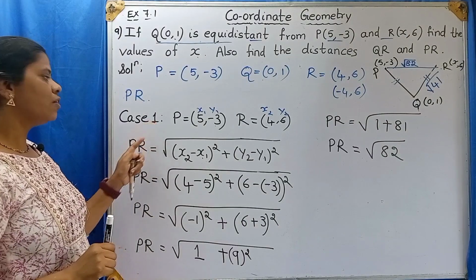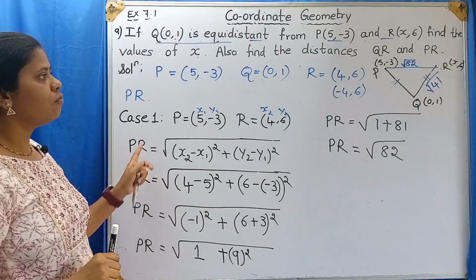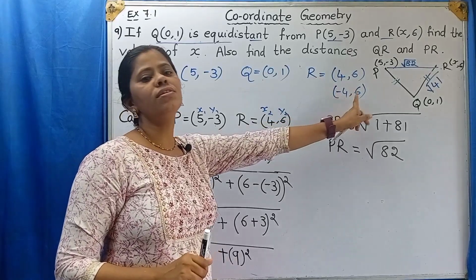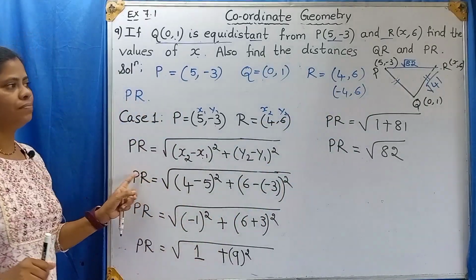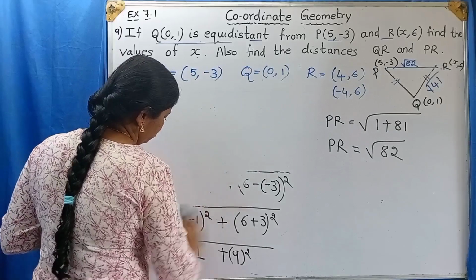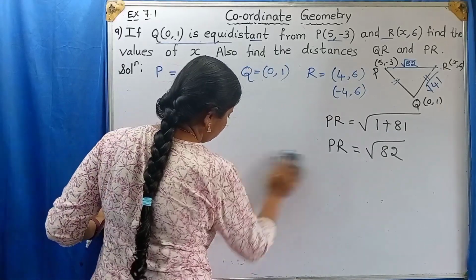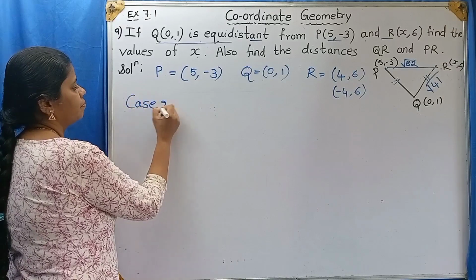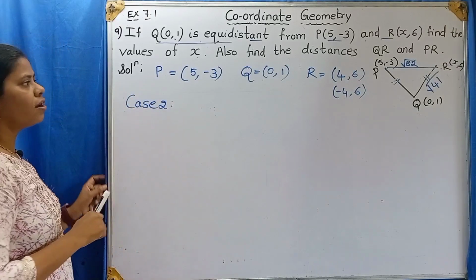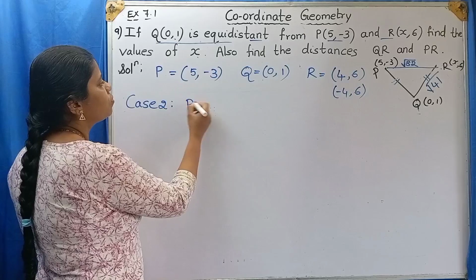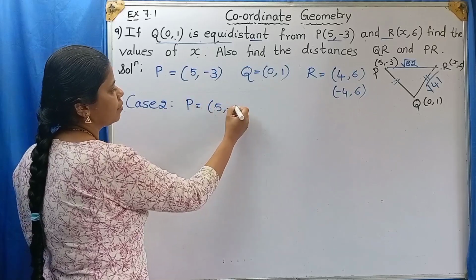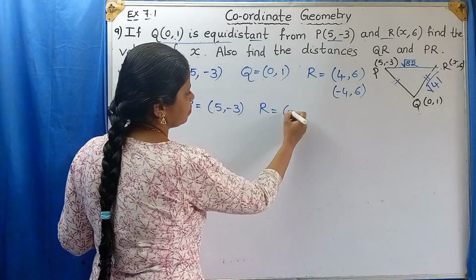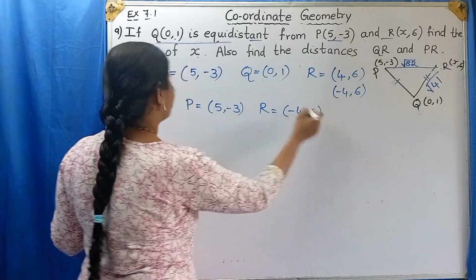And let us find out the distance between PR for case 2, that is when the R coordinate is minus 4, 6. Let me rub the board. Case 2. If the coordinate P is 5, minus 3 and R is minus 4, 6. Okay.